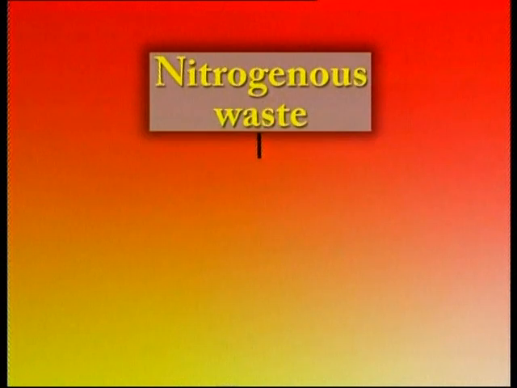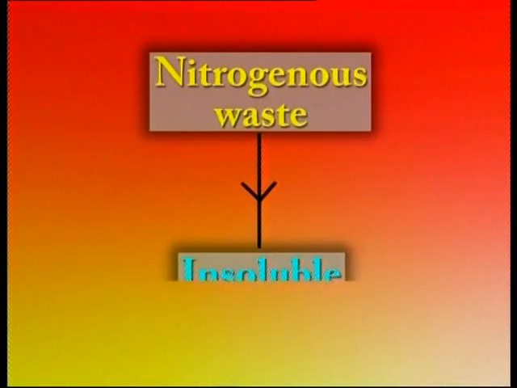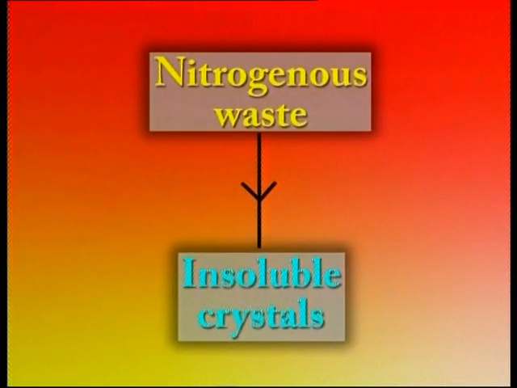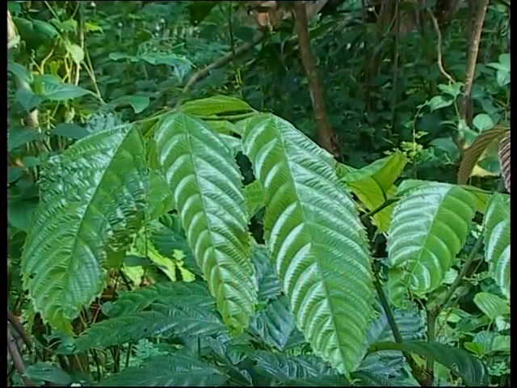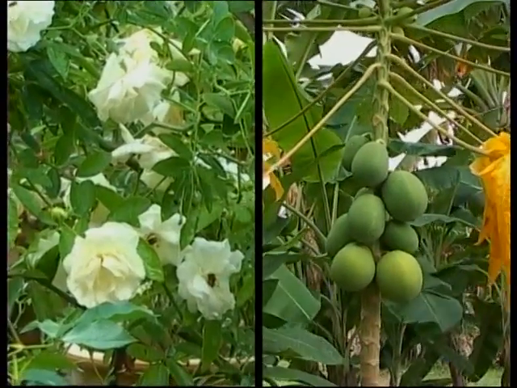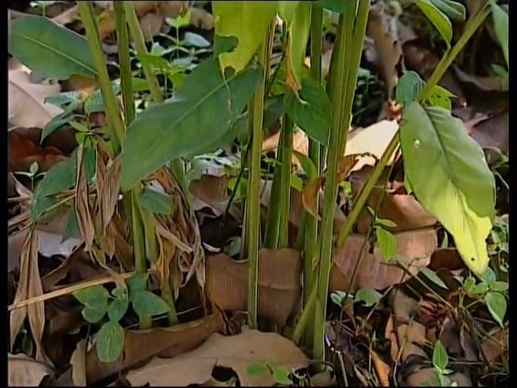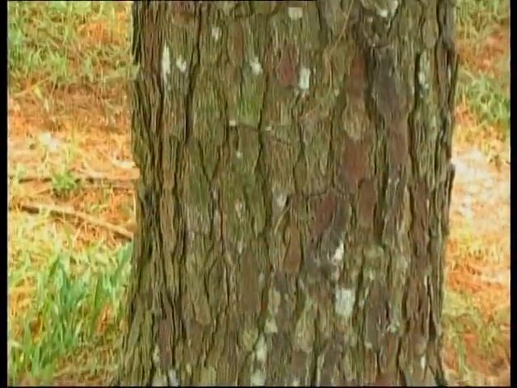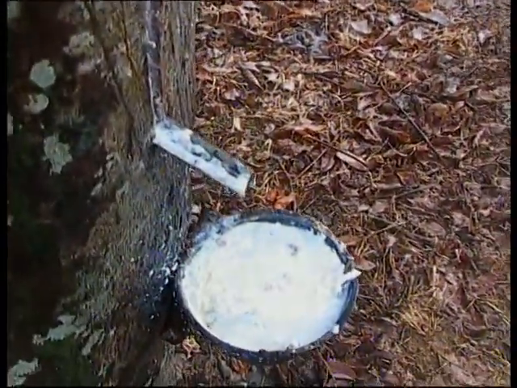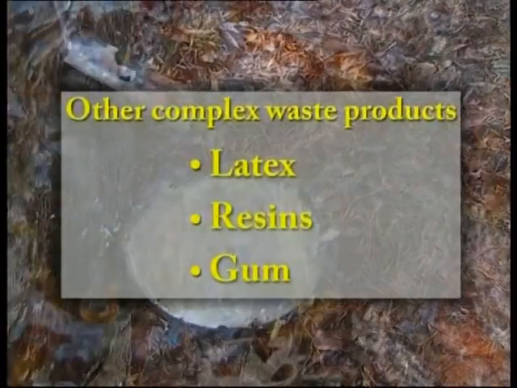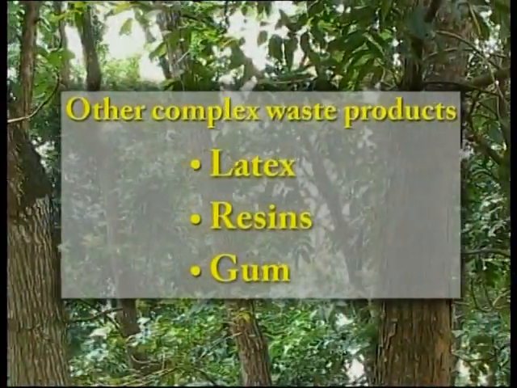Nitrogenous wastes are usually converted into insoluble crystals and harmless granules which are stored in leaves, flowers and fruits, which are later lost from the plant when they shed their leaves, flowers or bark. Some other complex waste products of plants include latex, resins and gum.